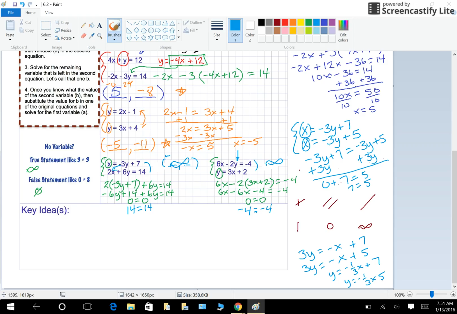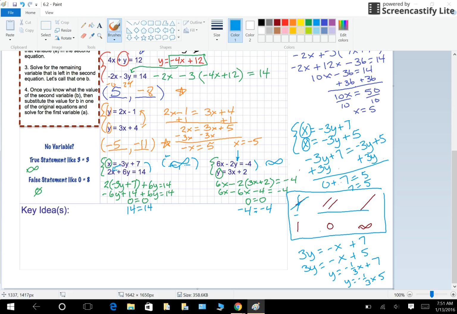So again, remember that systems of equations can either have one solution where you have two lines that intersect and we have one point. And that's easy. You solve for x, you solve for y, you find out what the x and y are.